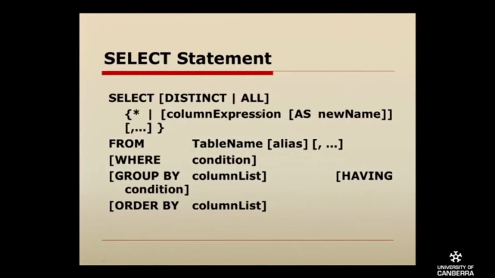If you want to give a column or attribute another name when it is displayed, you use as and give it a new name. Next, in front of from, you write the name of the table or tables from which these attributes or columns are coming.